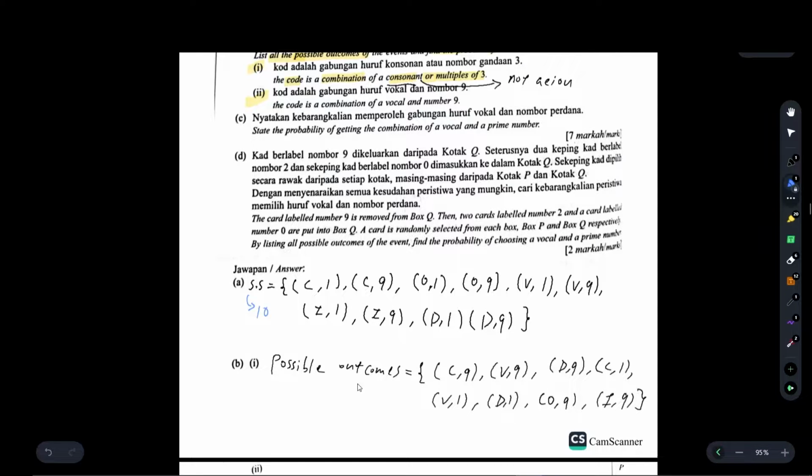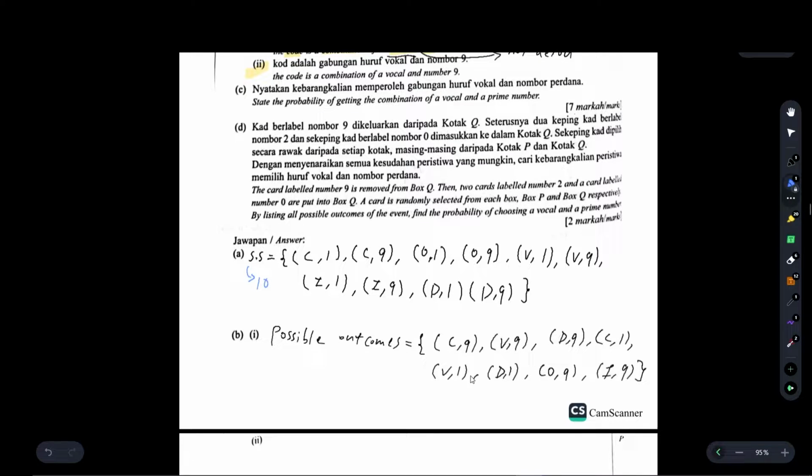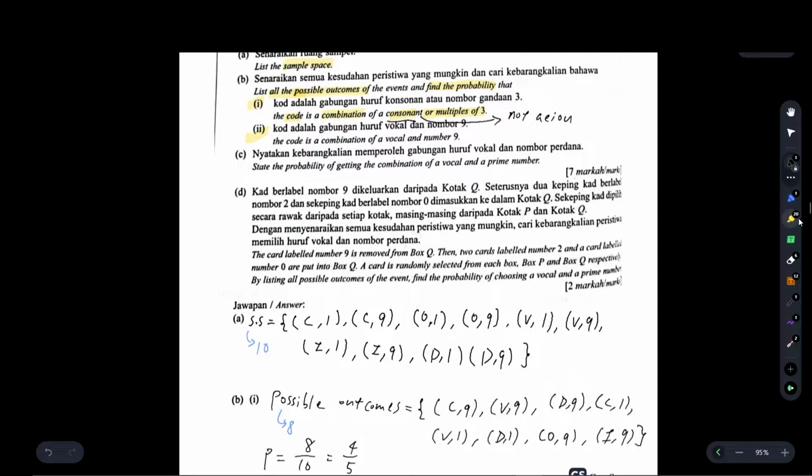And how many possible outcomes are in this event? 1, 2, 3, 4, 5, 6, 7, 8. So we found the probability, 8/10, and that gives us 4/5. Okay, that's pretty simple. Let's continue to the next one.